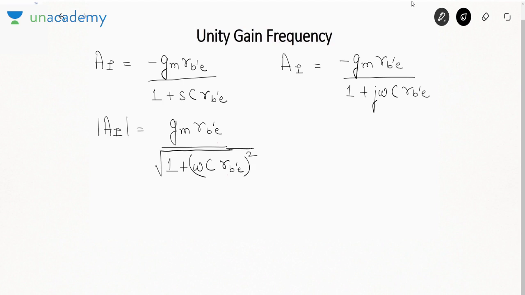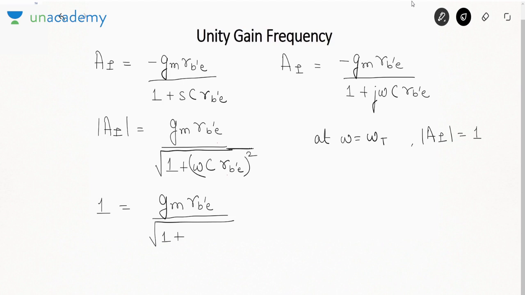Now I want a frequency at which mod AI is equal to 1. So I'll keep it at 1. GM RB'E by under root 1 plus omega T C RB'E whole square. Okay, that will be the relation. Now I will try and simplify by squaring both sides.